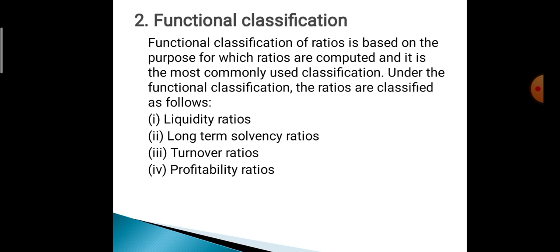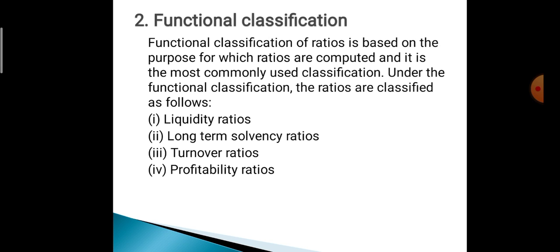Activity ratios or efficiency ratios measure the efficiency of operations of the organization. Stock turnover ratio and receivables turnover ratio are examples of these ratios.